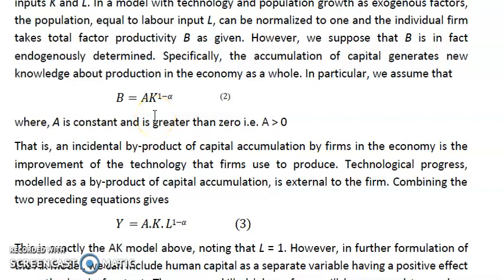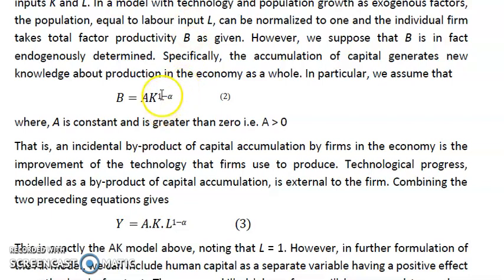A K raised to 1 minus alpha is written as A K raised to 1 into K raised to minus alpha, times K raised to alpha L raised to 1 minus alpha.